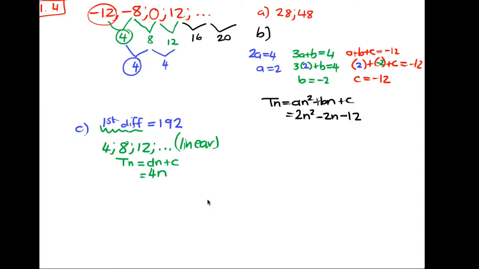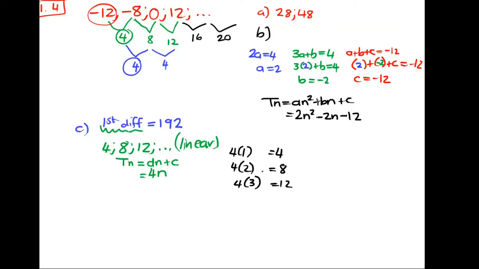Any ideas? What is the C value going to be for this linear pattern? 0, ma'am? Correct. It's going to be 0. If you want to check it, it's going to be 4 times 1, I must get an answer of 4. 4 times 2, I must get 8. 4 times 3, I must get 12.